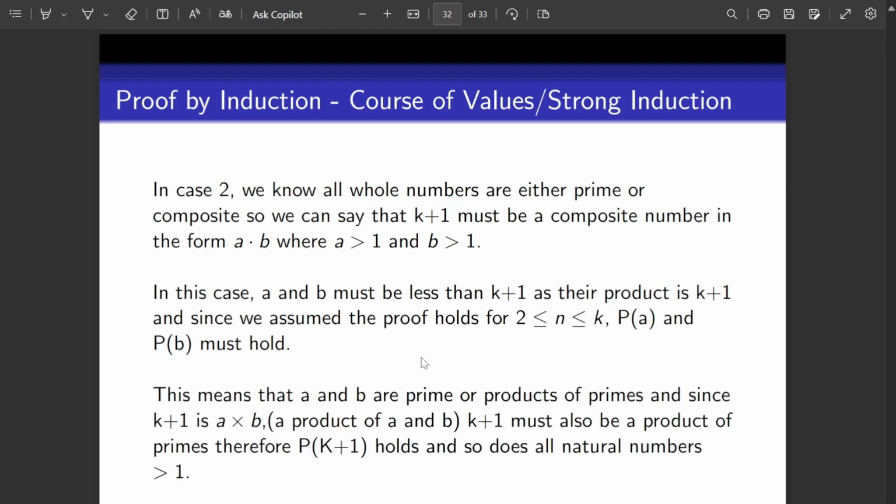And so I'm sure you can see where this goes. Multiplying them together means that k plus 1 holds, because if p of a holds and p of b holds, and you're multiplying a and b, then k plus 1 must also hold, which ends off our proof pretty much.